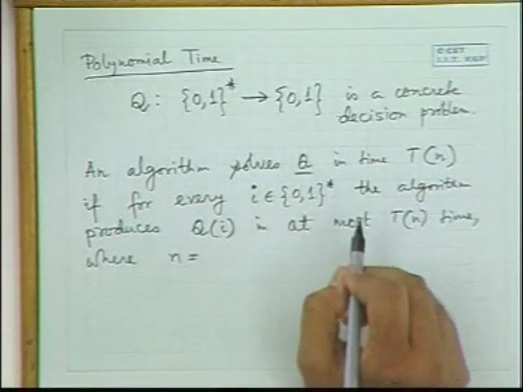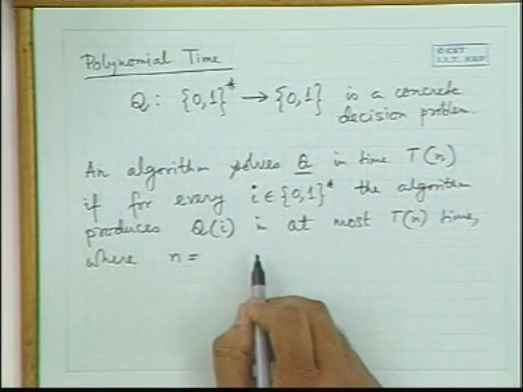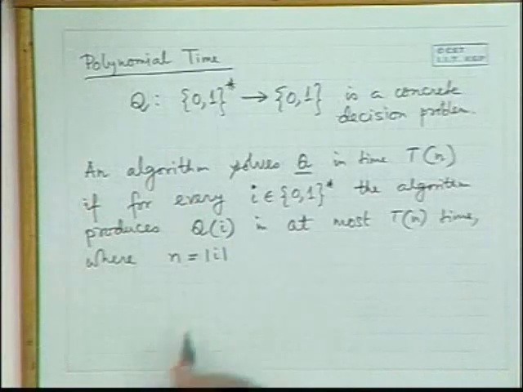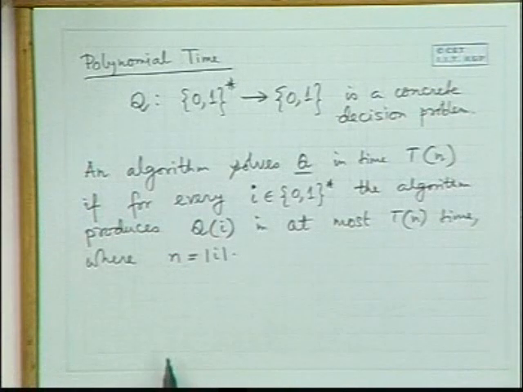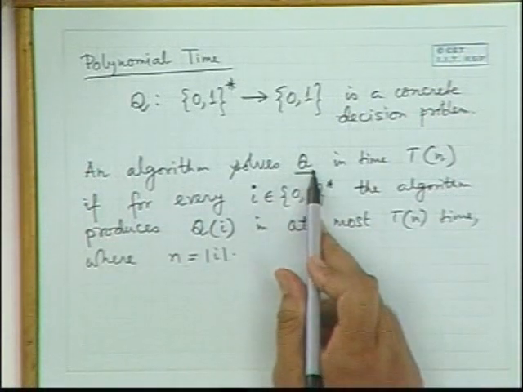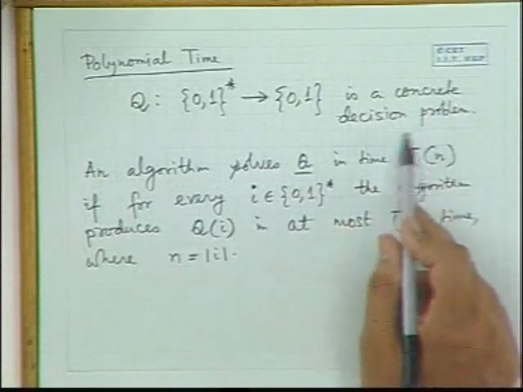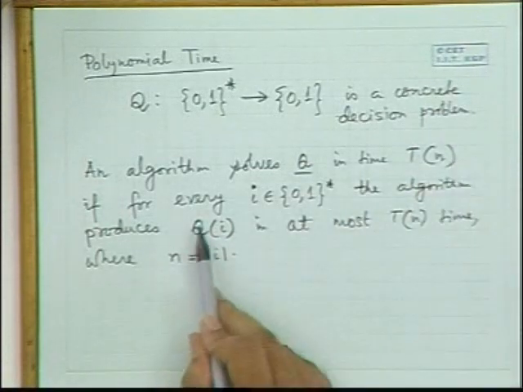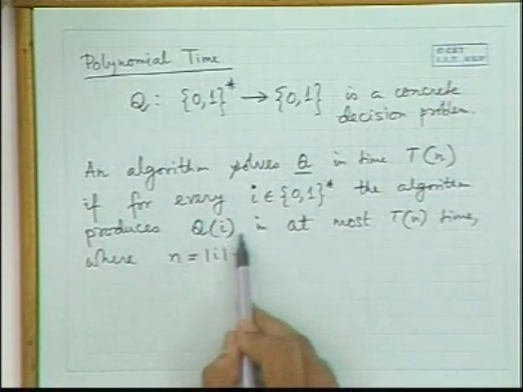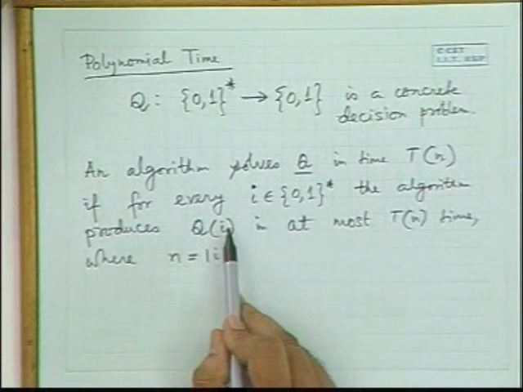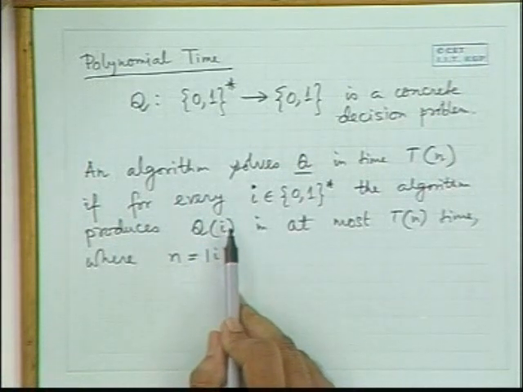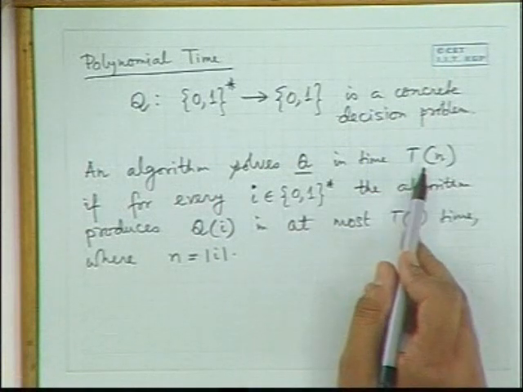In terms of this framework, n is nothing but the length of that binary string representing the instance I. So n is equal to the length of I. So the algorithm solves Q in time T(n) if it can produce the solution Q(I), either 0 or 1, in at most T(n) time.